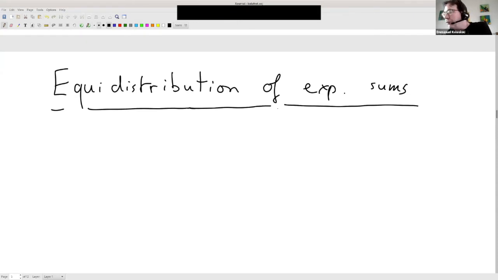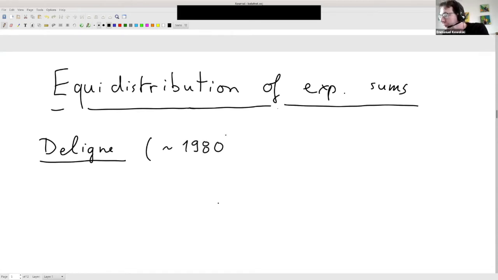And I'm going to go through the history of the main theorems about the equidistribution of families of exponential sums over finite fields. So everything in terms of actually proving real non-trivial statements begins in that case with Deligne. So early 1980s, his second proof of the Riemann hypothesis for finite fields.